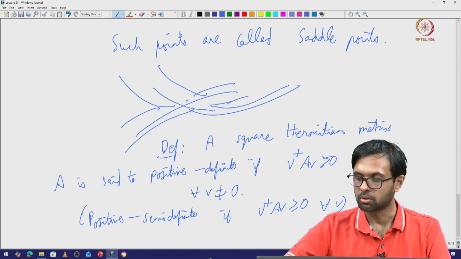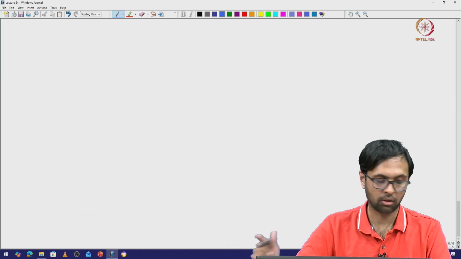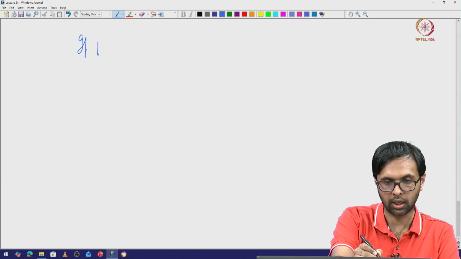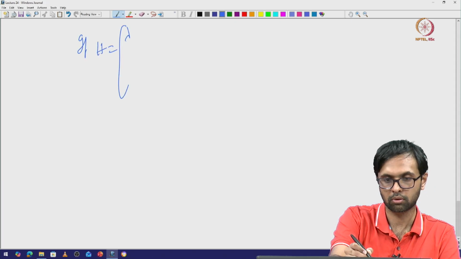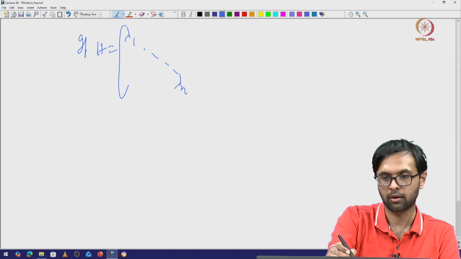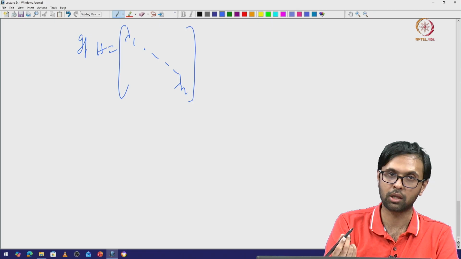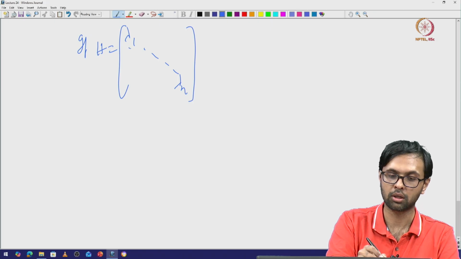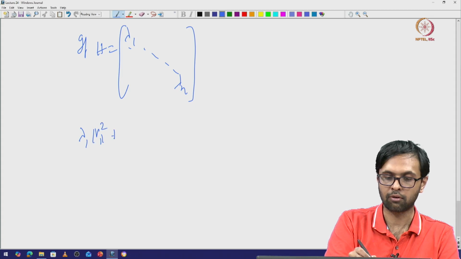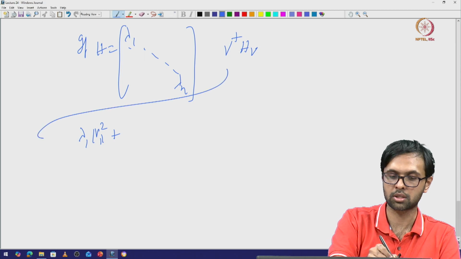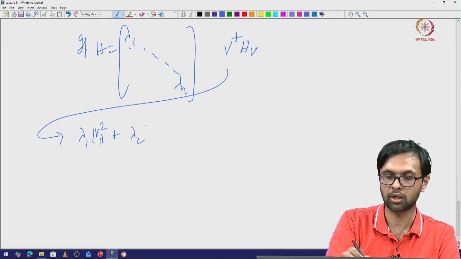So more generally, if H is diagonal, recall that Hermitian matrices have only real eigenvalues, so these numbers are all real. Then positive definite, so what is v dagger H v? That's this expression. It's easy to see that the expression is simply this.